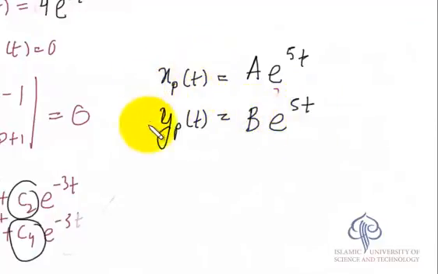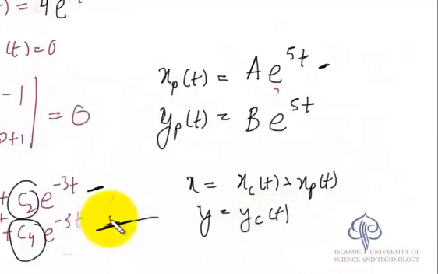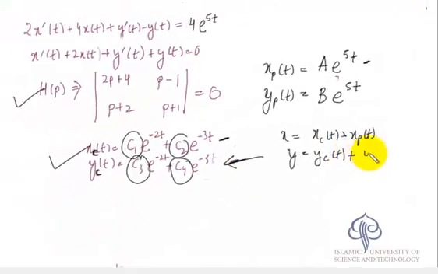So the complete solution would be x is equal to xct plus xpt, where xc is given by this equation and xp is given by this equation, and similarly y is equal to yct given by this equation plus ypt given by this equation.